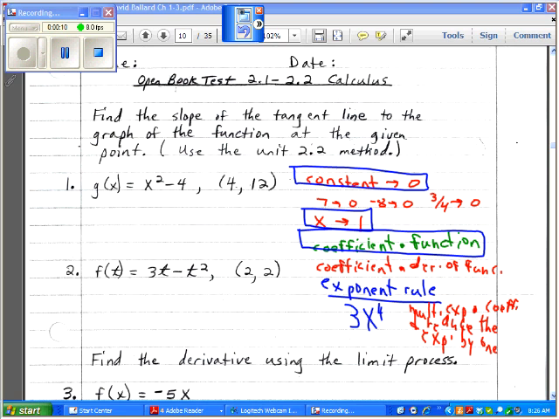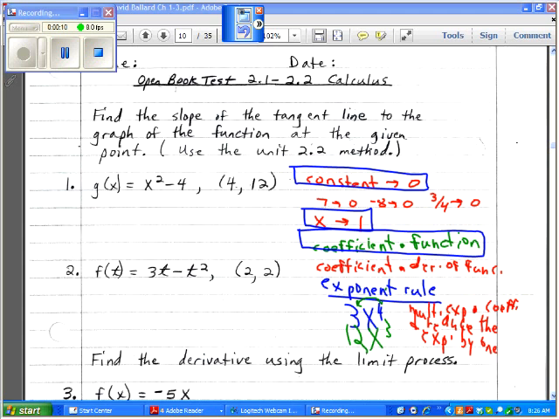So we take our exponent 4 times our coefficient 3 and we get 12. Reduce the exponent by 1, 12x to the third.